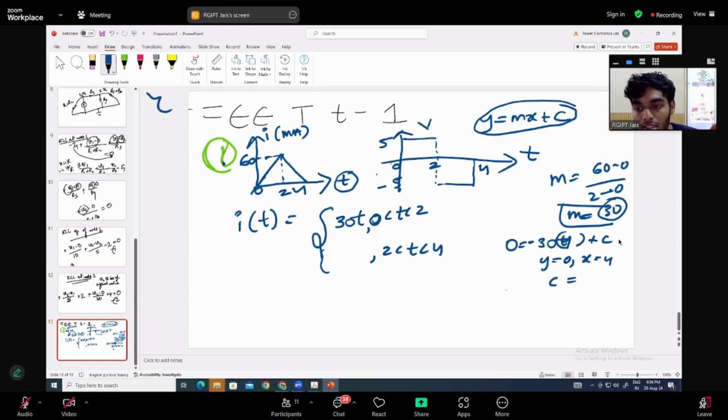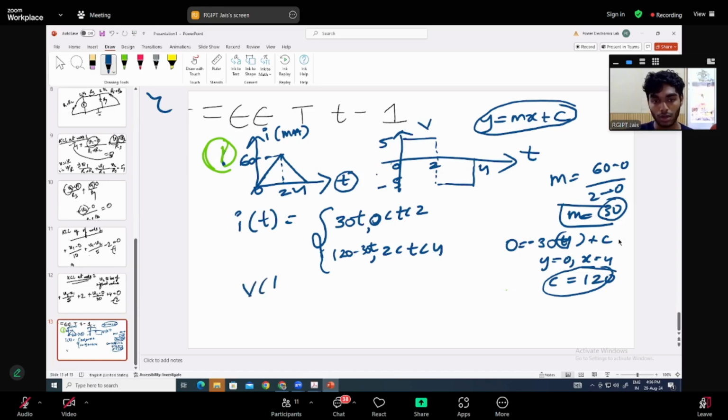You'll get c equals minus, which turns into plus, 120. So c equals 120. Substitute all the values in the equation, and you will get 120 minus 30t. Okay, you have got this equation for current.